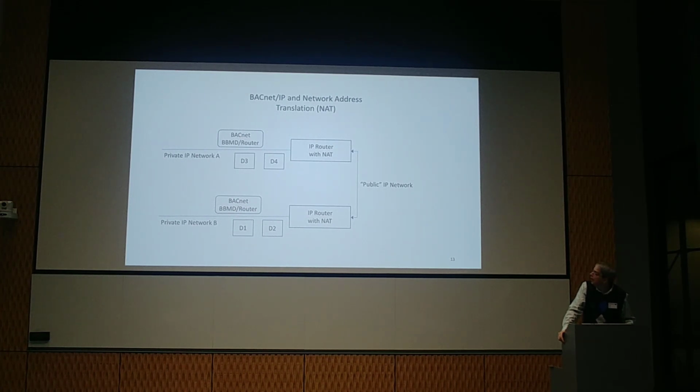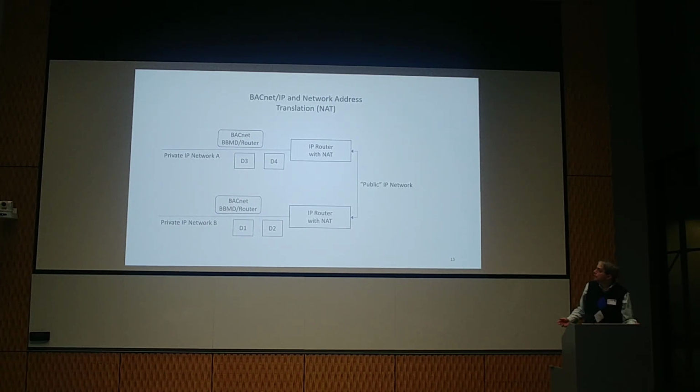Configuring those BBMD routers is a little bit tricky. But in addition, you have to configure the IP router NAT tables correctly. If you get that wrong, then communication isn't going to work very well either. So on the scale of things, this is even harder to configure properly than getting the BBMDs right.